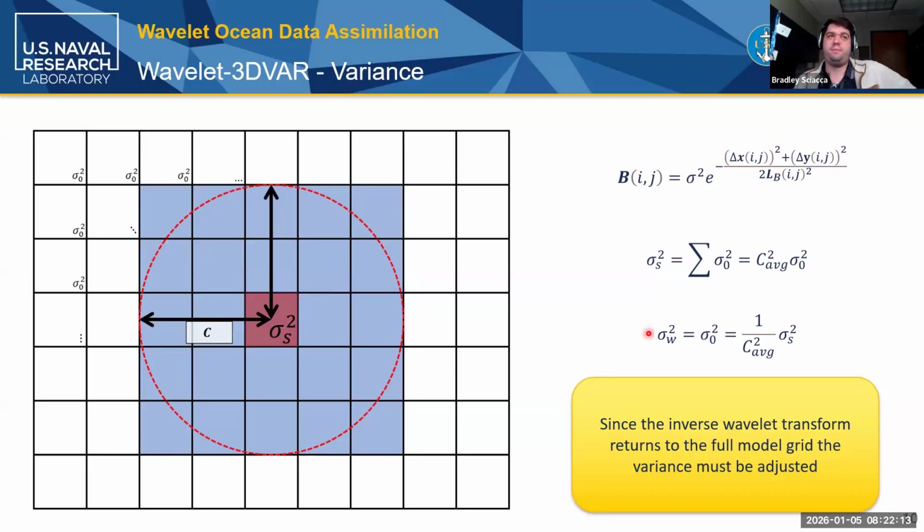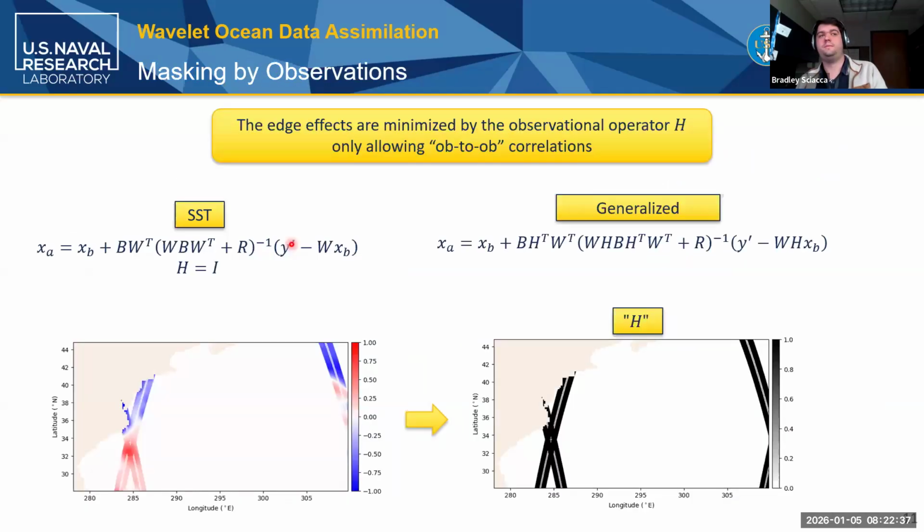What we do to get our per grid variance is divide by the footprint of the superobs. So now our wavelet variance and superobs variance in these experiments are more apples to apples. It's just that we had to deflate the wavelet variance because it's represented as such a smaller footprint compared to the superobs.